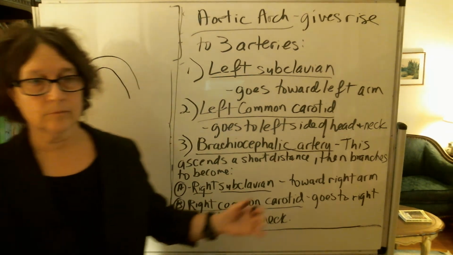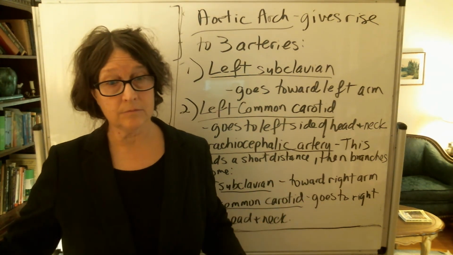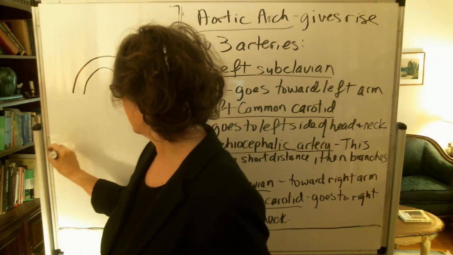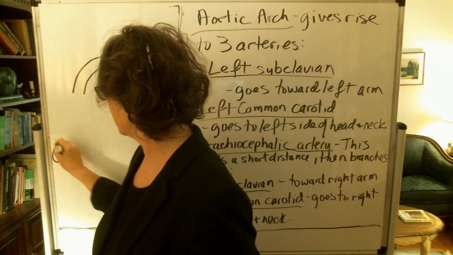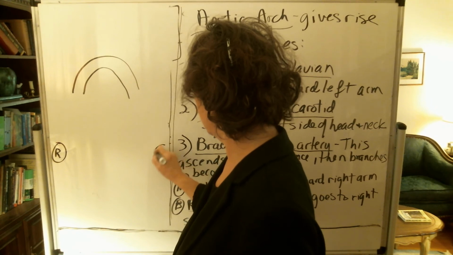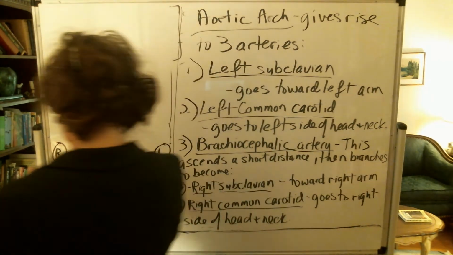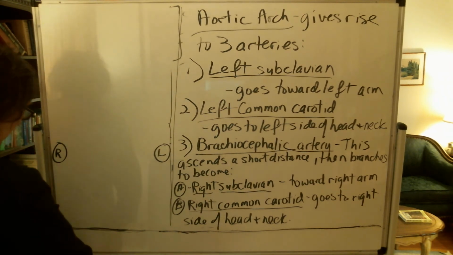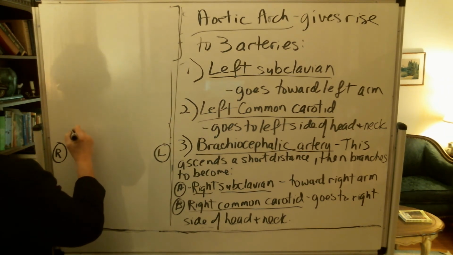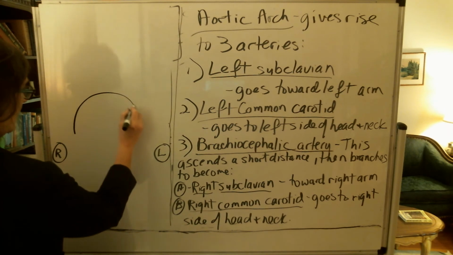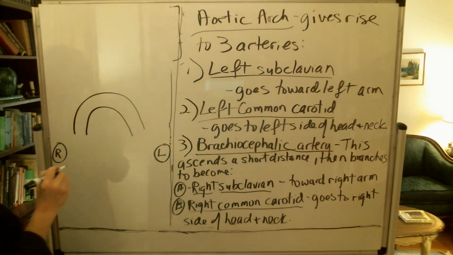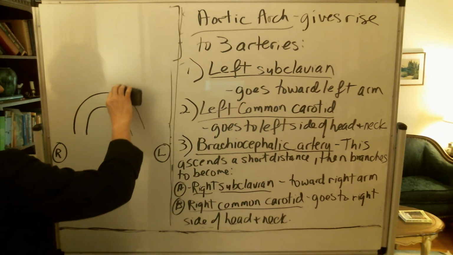And remember, you're looking at this person. So this is the right side here. Here's the left side. I think I'm going to move it down a little bit just to make things easier to draw. So anyway, here we have the aortic arch.